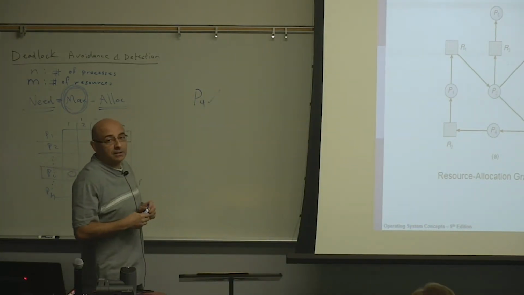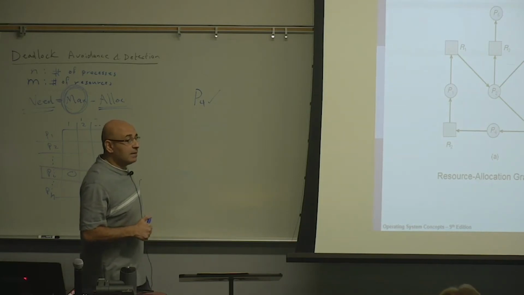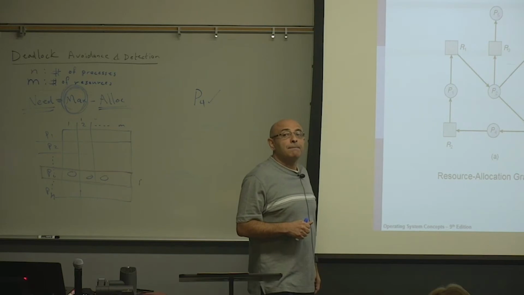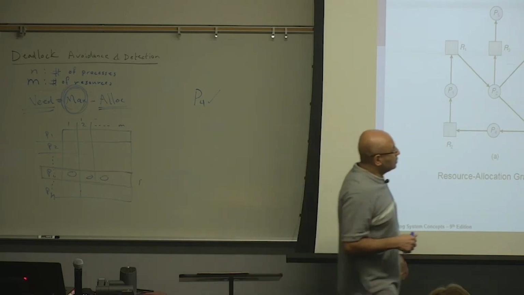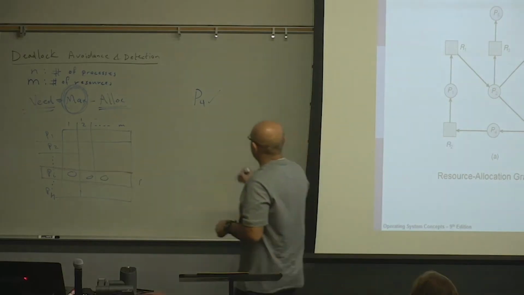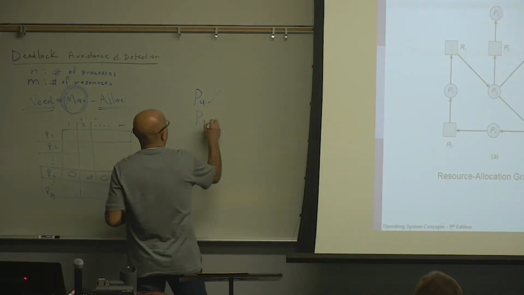There are other processes that we can terminate. P2? P2. So if we terminate P2, then you will get rid of P2 and all of these edges. So you will only have this edge, and there will be no cycle. Yeah, so terminating P2 will resolve the deadlock.